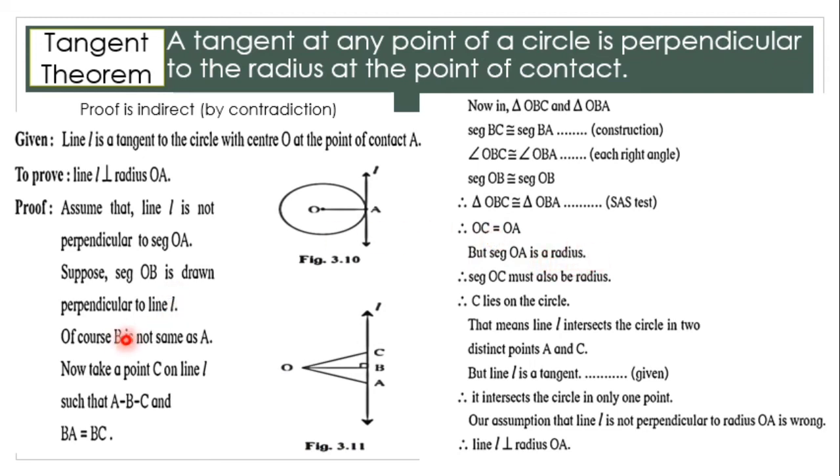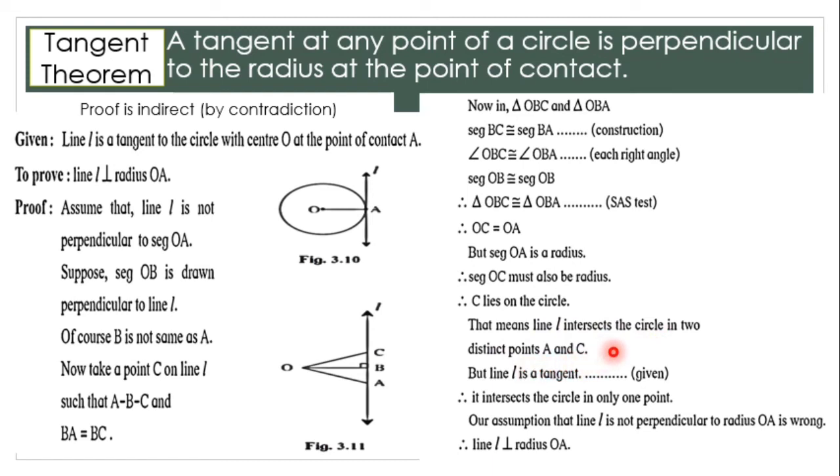Therefore segment OC must also be a radius, because OC is equal to OA and OA is a radius, isn't it? Therefore C lies on the circle, and that means line L intersects the circle in two distinct points A and C.